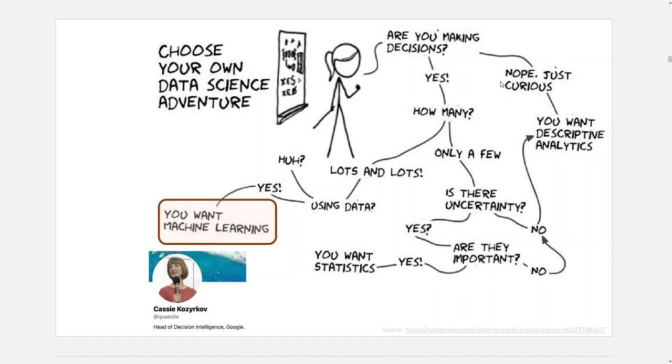Nah, I'm just curious. Let me go meander around. Or, yeah, I need to be able to make decisions based on whatever I'm doing. Lots of them? Only a few? Is there uncertainty? Yes or no? There's a lot of questions we've got to ask along the way to get where we want to be.